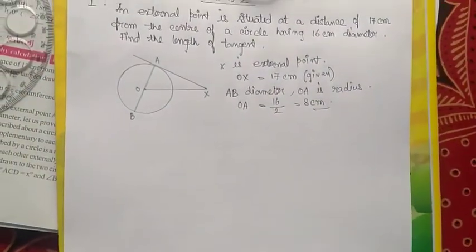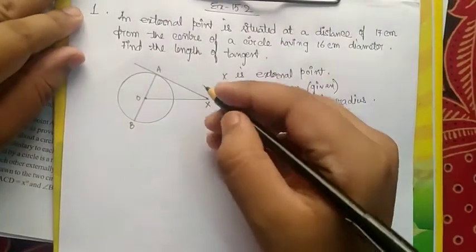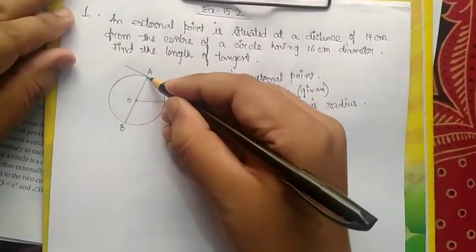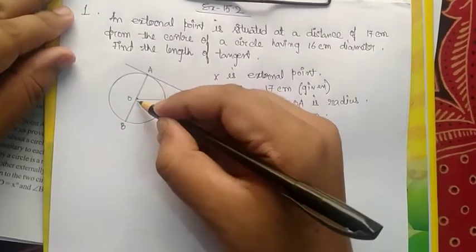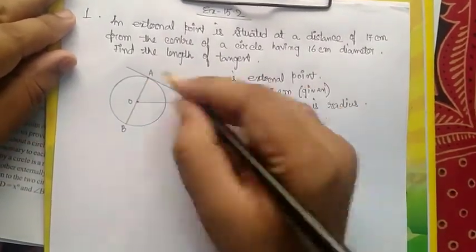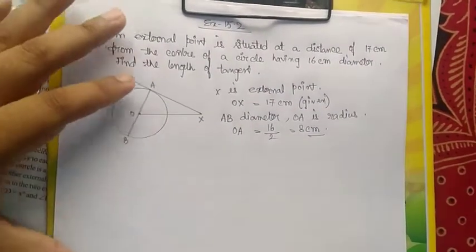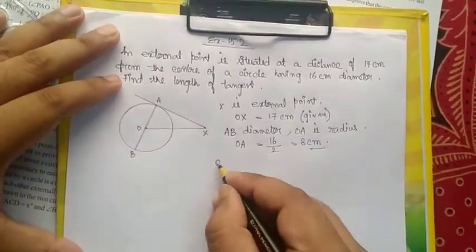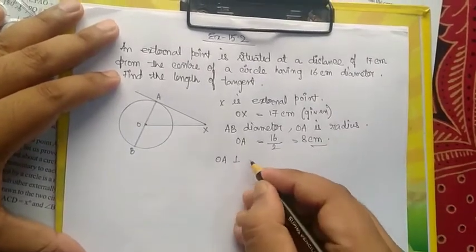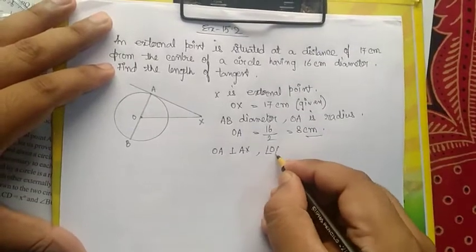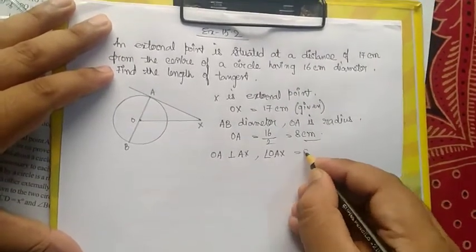Now if from an external point we draw a tangent and the radius is joined to the point of contact, then the radius is always perpendicular to the tangent. We know this from the theorem. So we can say OA perpendicular to AX. Therefore angle OAX is equal to 90 degree.